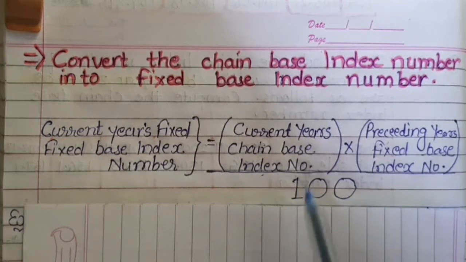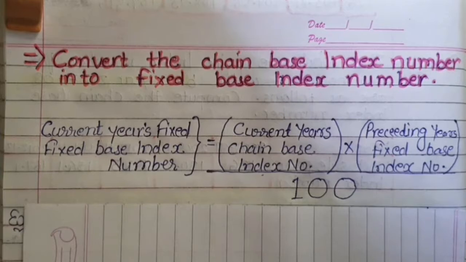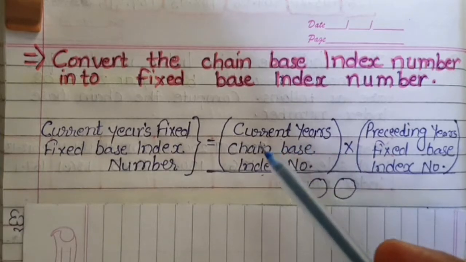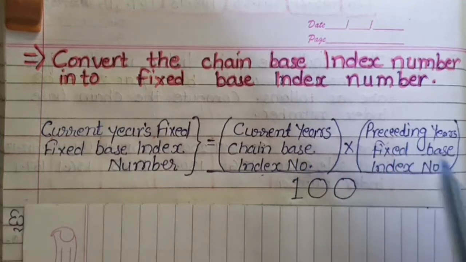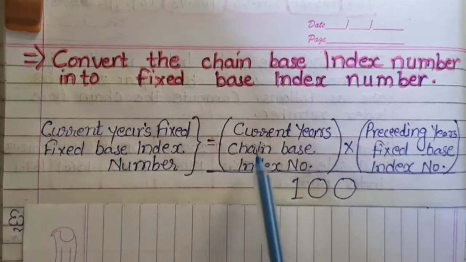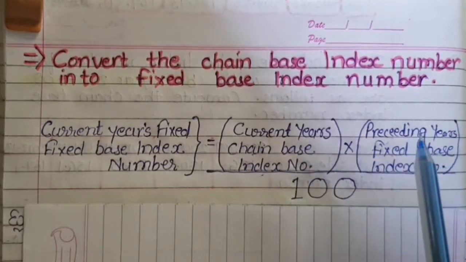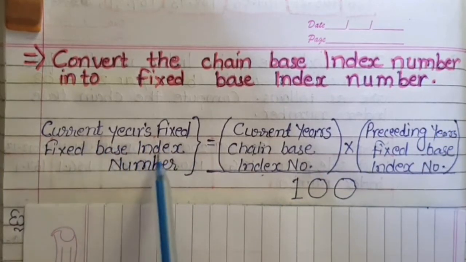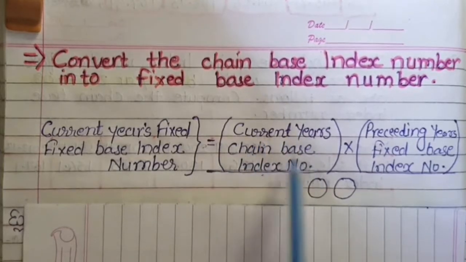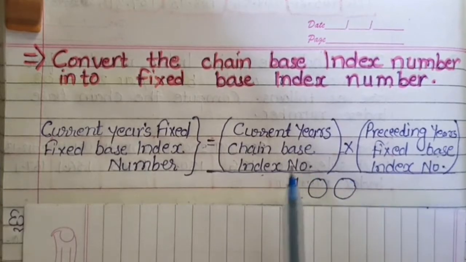So in the last method we needed only the fixed base index numbers to convert into chain base, but here to convert the chain base into fixed base we need two different index numbers: current year's chain base and preceding year's fixed base. So make sure you remember this formula very clearly. Again, current year's fixed base index number is equal to current year's chain base index number multiplied by preceding year's fixed base index number divided by 100.